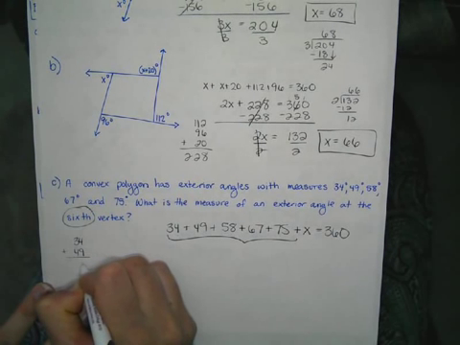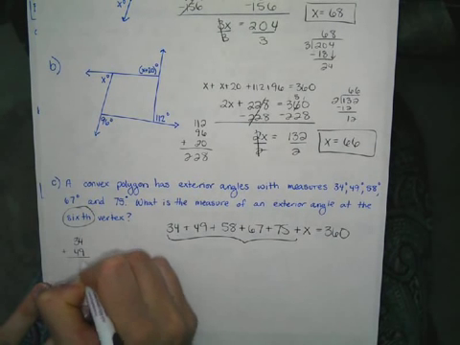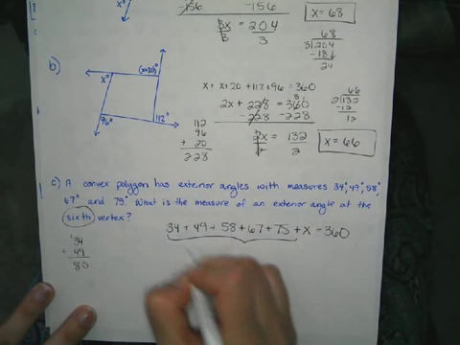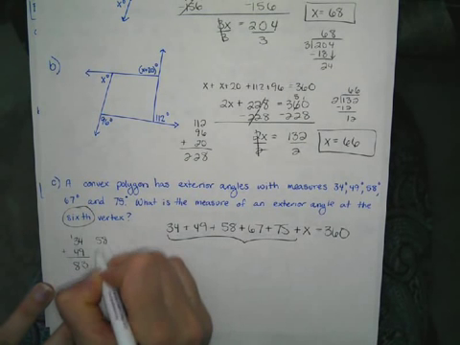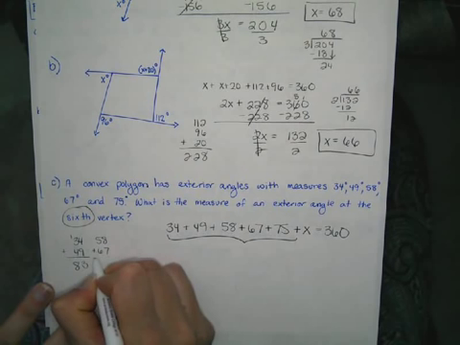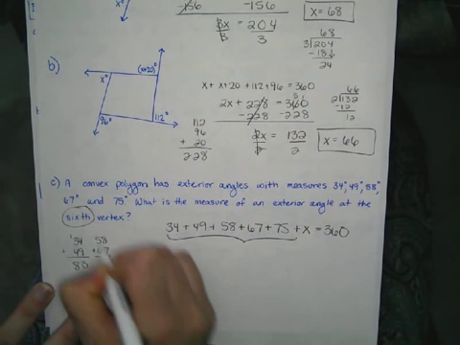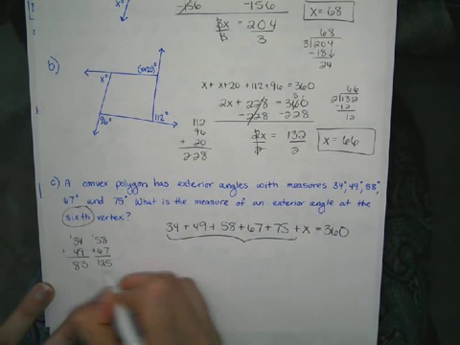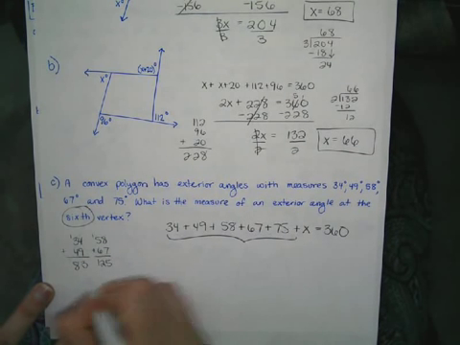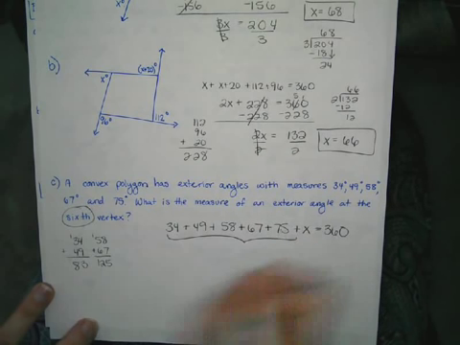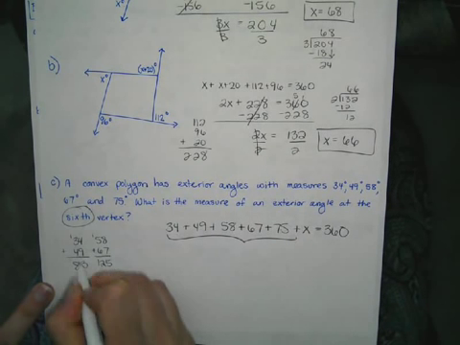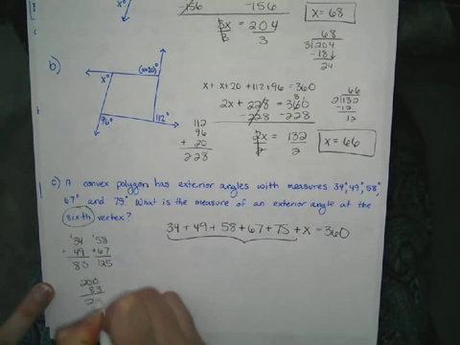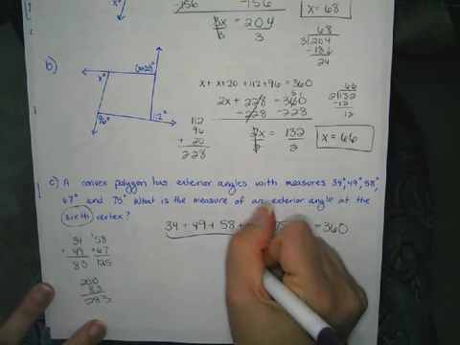Plus 83 is 283. Check my math, you never know. 283 plus x equals 360. Subtract 283 from both sides. Those cancel, and I'm left with x equals 77. So 77 degrees is the 6th vertex.